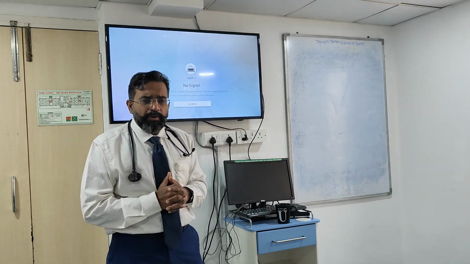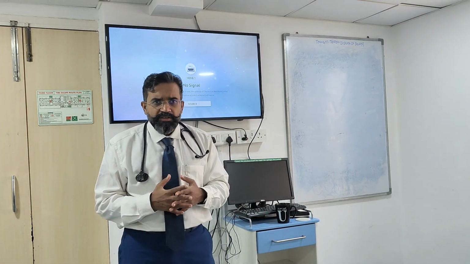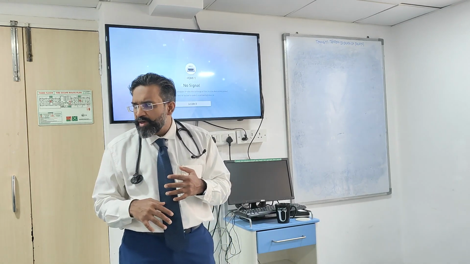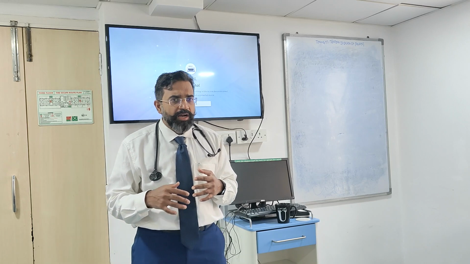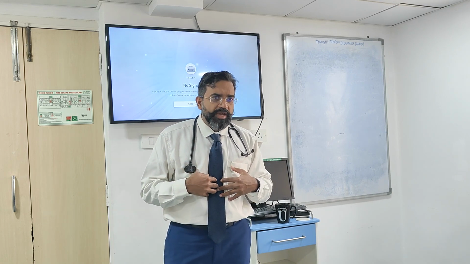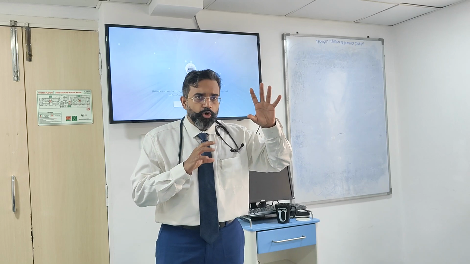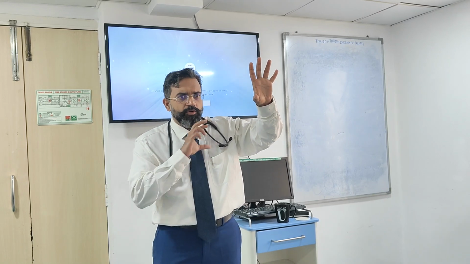Multiplex PCR. In the present scenario, we have two types of multiplex PCRs. You have nasopharyngeal and you have lower respiratory tract sampling. You can't send a nasal swab and write LRTI. You understand what I'm saying? So when you're looking at syndromic PCR, there will be an upper respiratory tract panel and a lower respiratory tract panel.